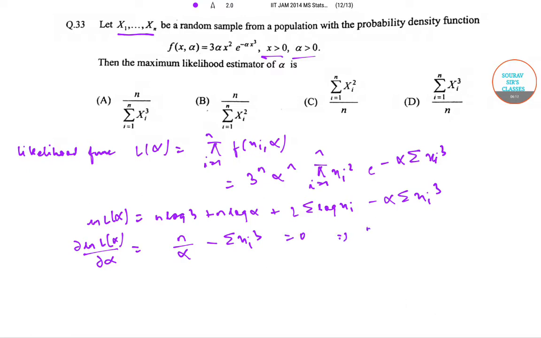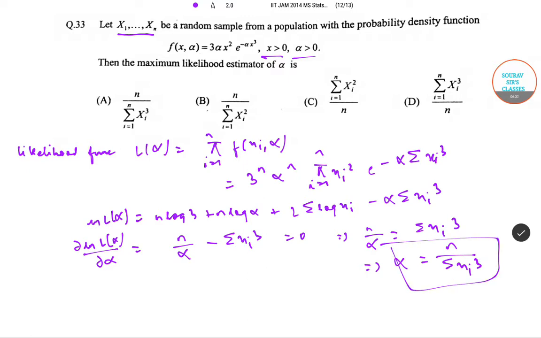So we get n by alpha is equal to summation xi cubed, so alpha is equal to n by summation xi cubed. Thus, the MLE is option A.